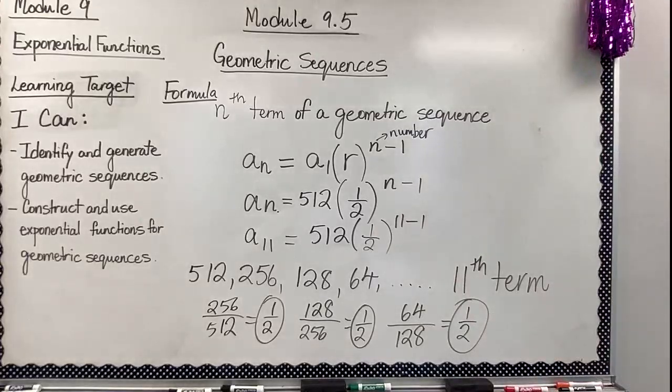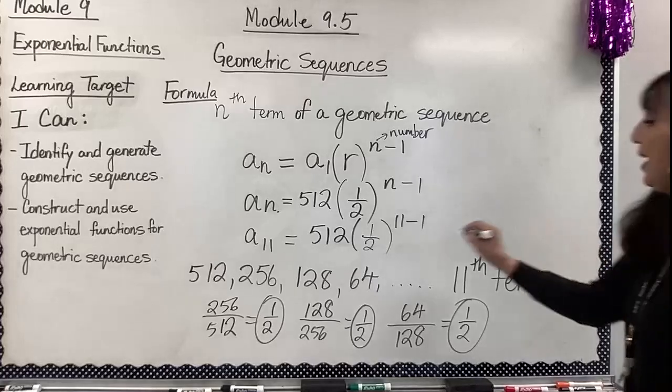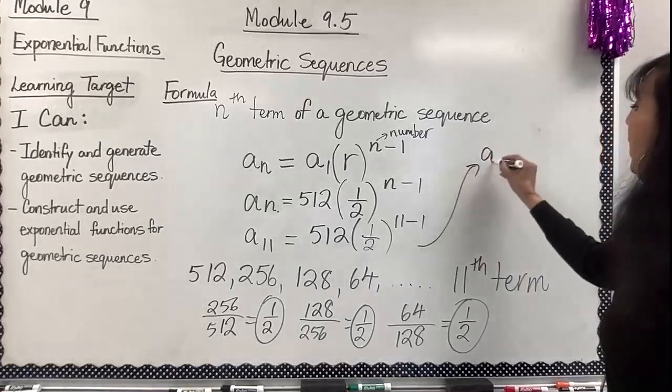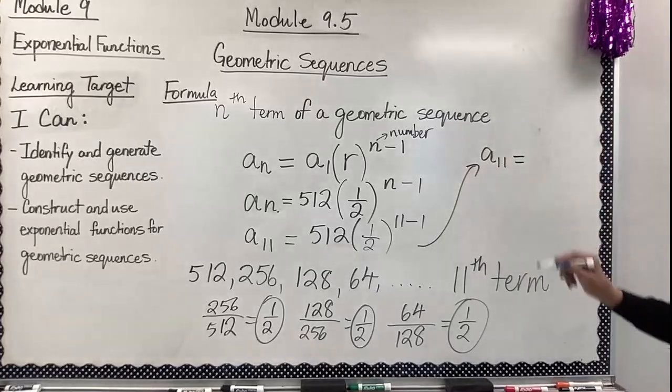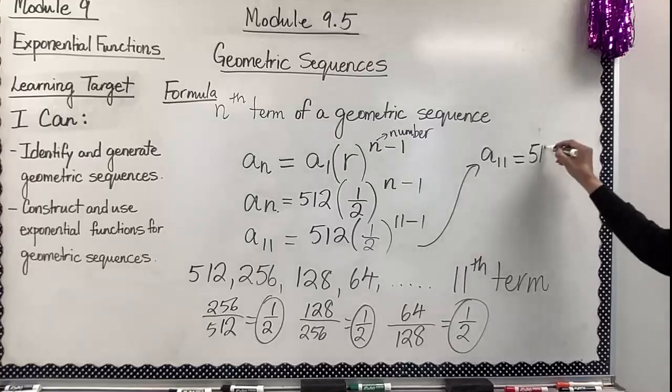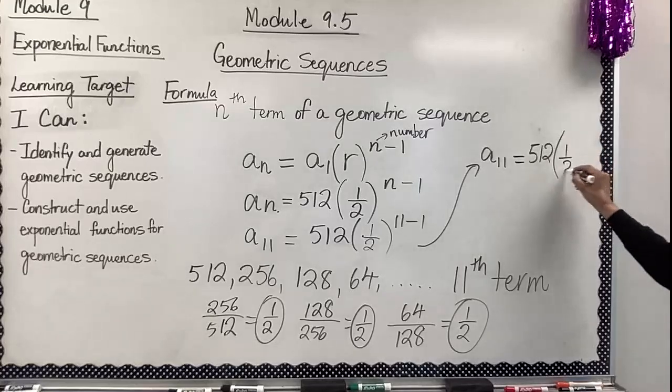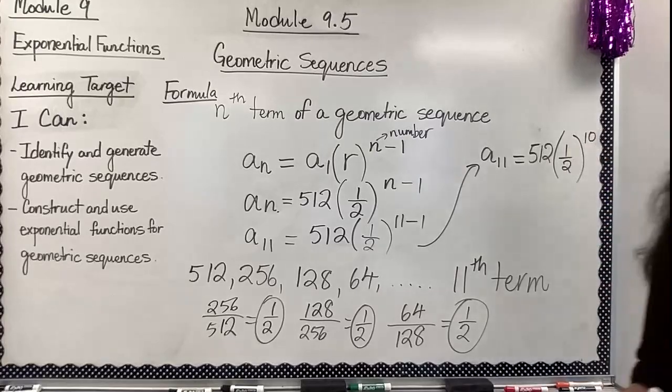And what is 11 minus 1? I get 10. So a to the 11th term is 512 times 1/2 raised to the 10th power.